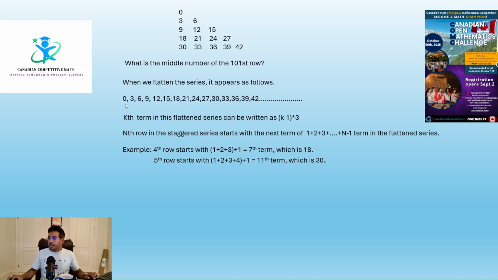If I look at the flattened series, 1, 2, 3, 4, 5, 6, 7, the 7th term is 18.